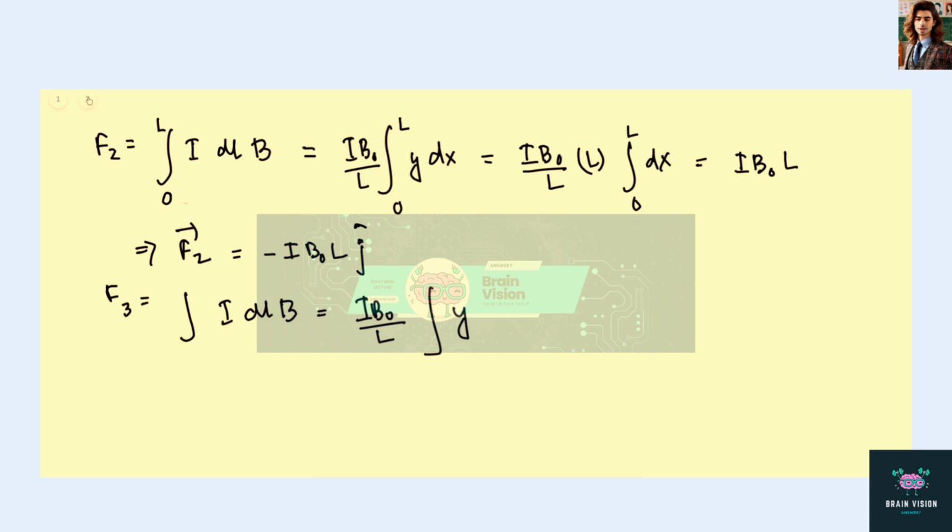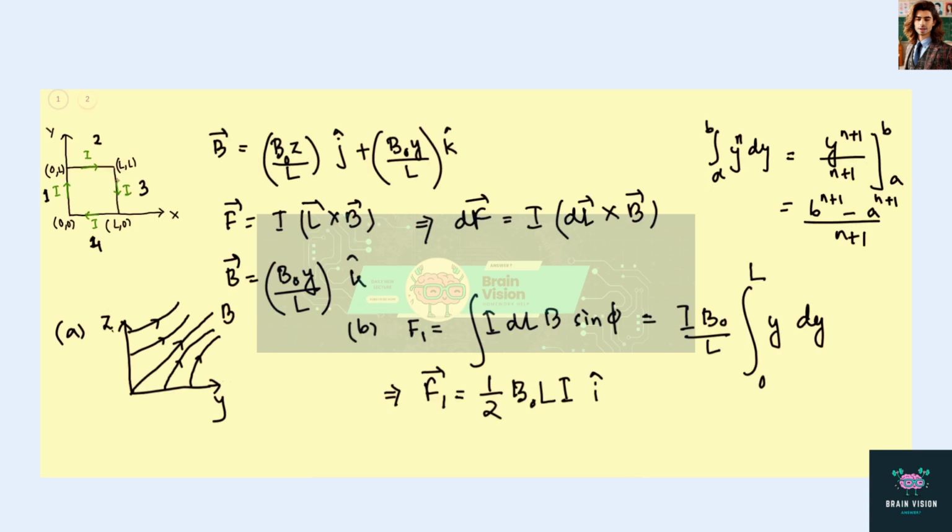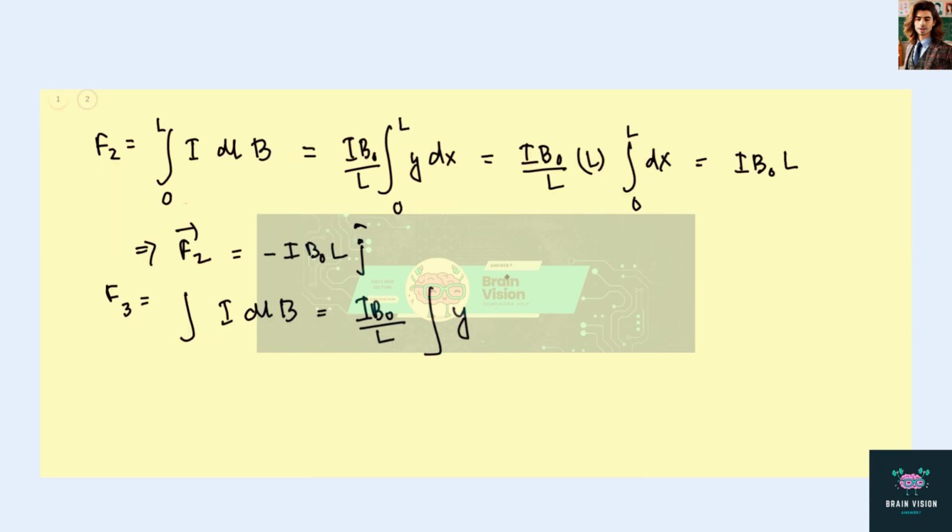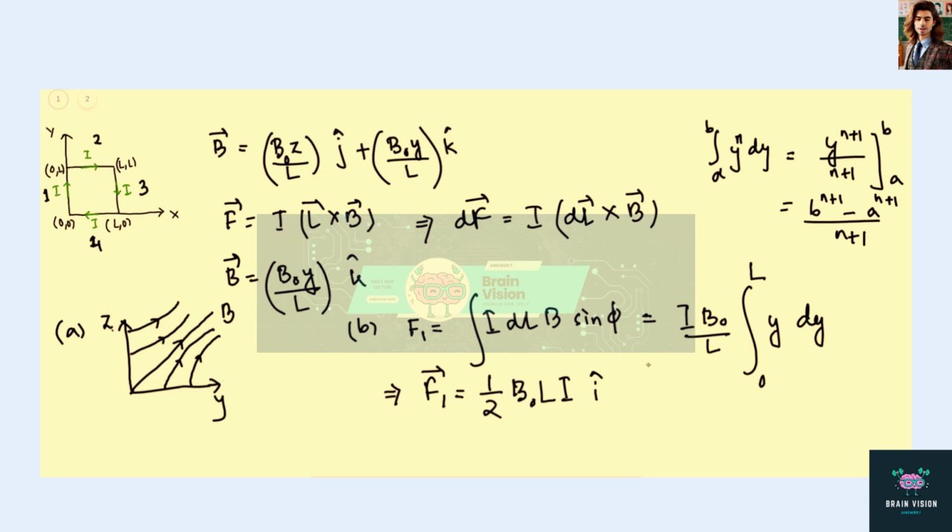So for the third segment here, dl is basically dy again. So we do that and we see this to be equal to I B naught L over 2. This is basically the same in magnitude to what we found here.